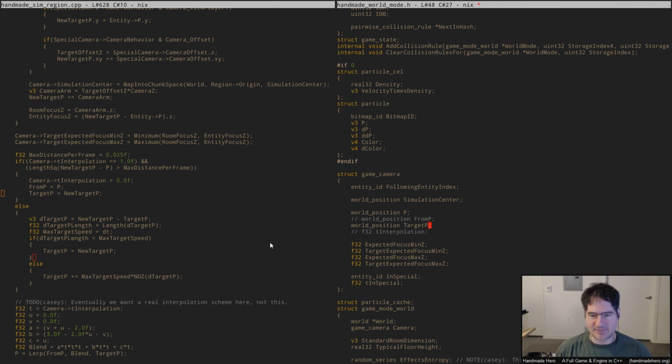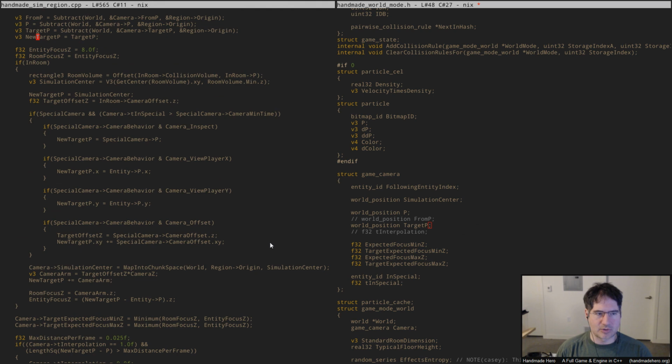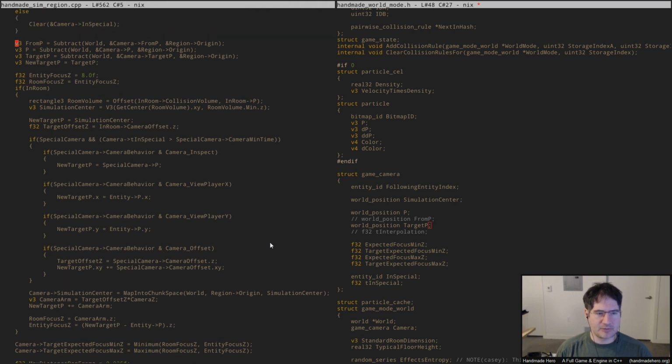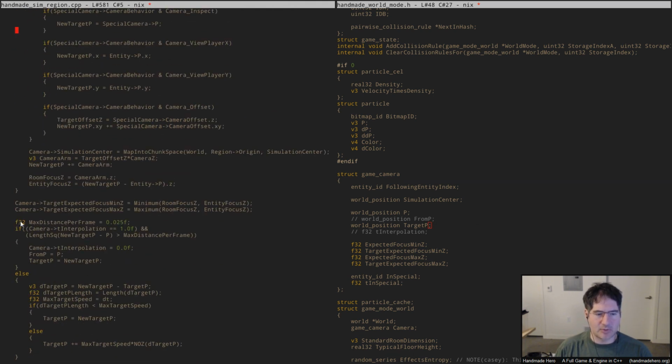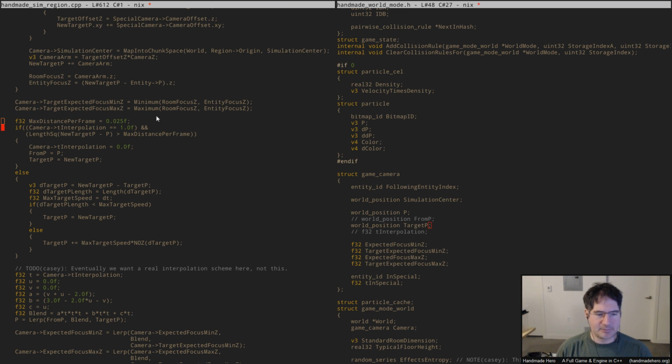So I'm going to say we keep that. But from P is going to go away. So let's suppose we got rid of from P so we don't know anymore where we're coming from. And let's suppose we got rid of this so we don't know this stuff for the T interpolation, right? We don't know any of that. And we have to still do something relating to an update of this form. Okay? How would we do it?